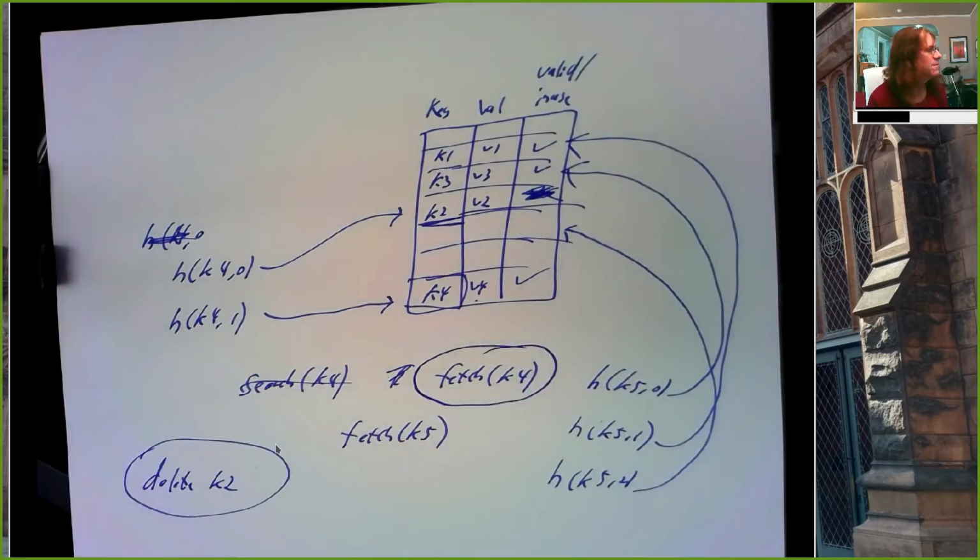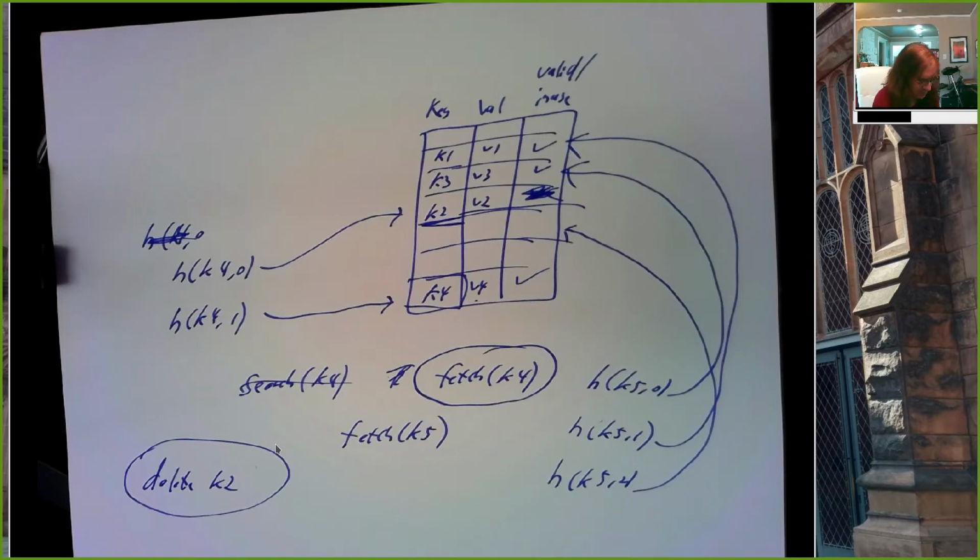So suppose I try to fetch K4 now. What's the first thing that's going to happen? We fetched K4 a minute ago and it worked fine.